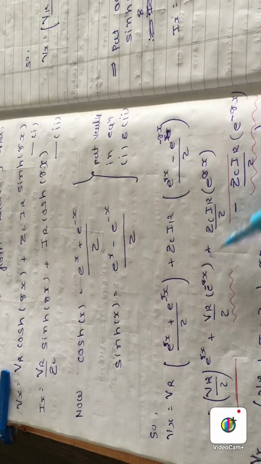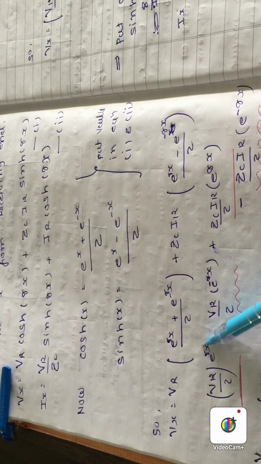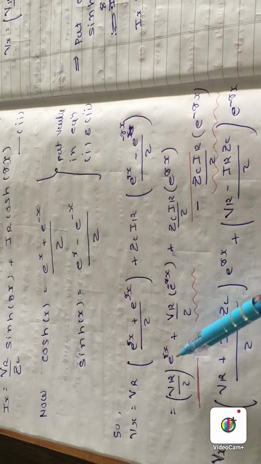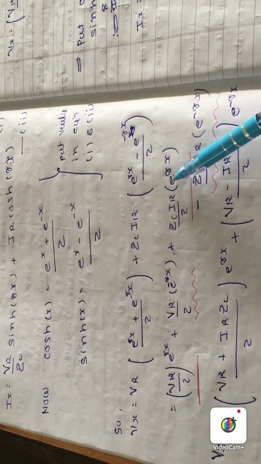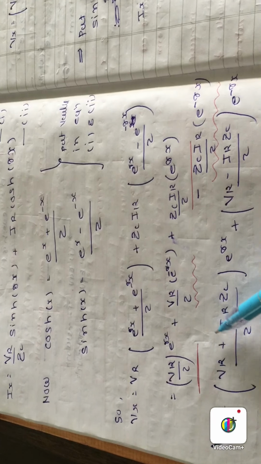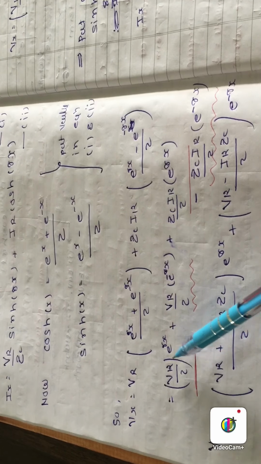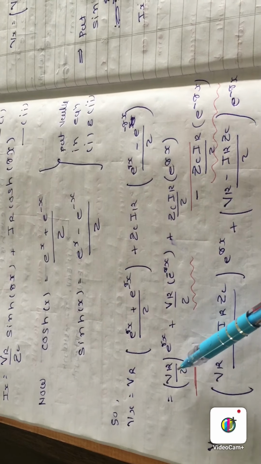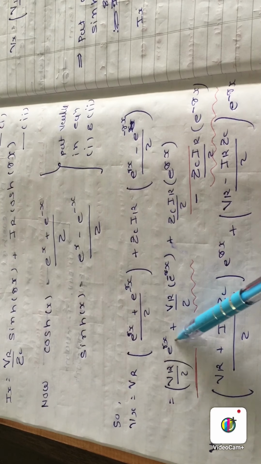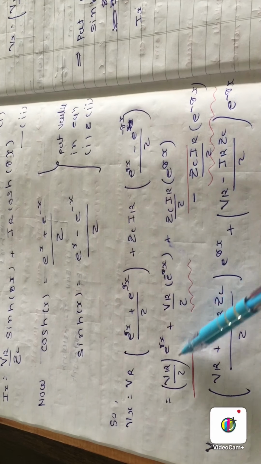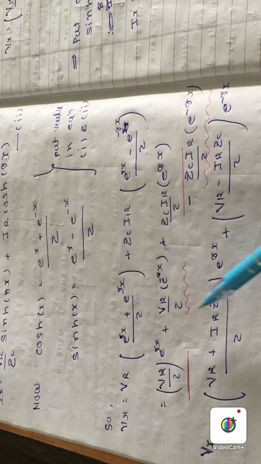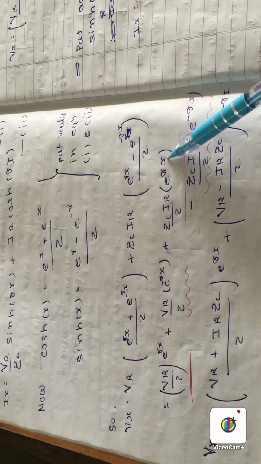Now combine the brackets with e raised to gamma x and e raised to minus gamma x. Here you can see that two terms have e raised to gamma x common, so we take e raised to gamma x common. In the bracket we write Vr plus Ir ZC by 2, and e raised to gamma x comes as the common element.